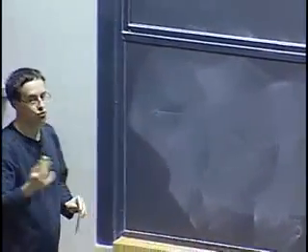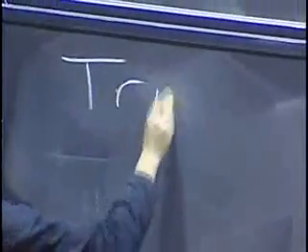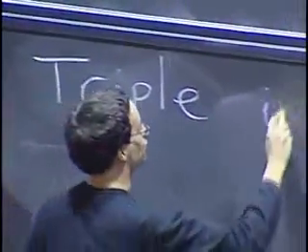Okay, so anyway, the plan is we are going to basically go through the same stuff, but in space. So it shouldn't be surprising that we'll start today with triple integrals.